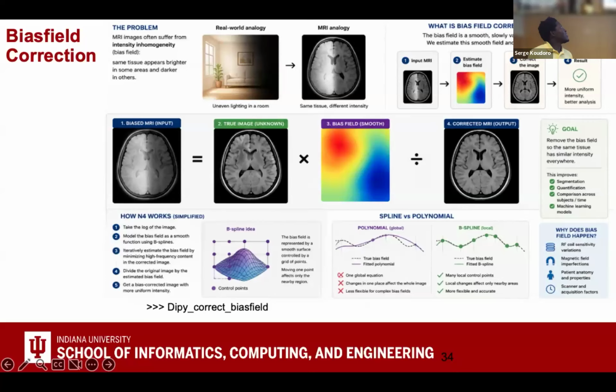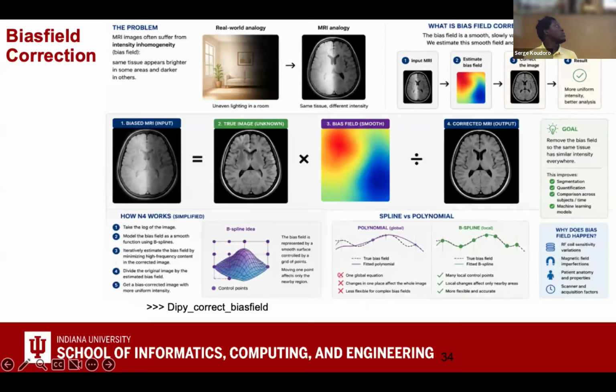Bias field correction. So we are still in pre-processing. Here the goal is simple. It's just to correct the intensity level of your image. The intensity is not homogeneous in the whole brain most of the time. So we have different methods to make sure that every single pixel makes sense in the whole brain. For this, we have three methods.